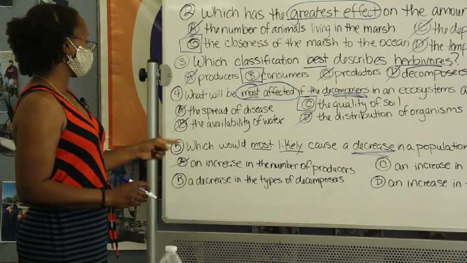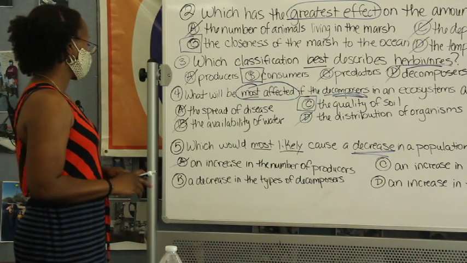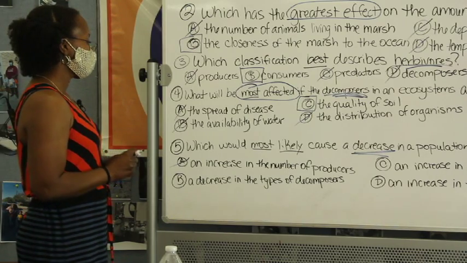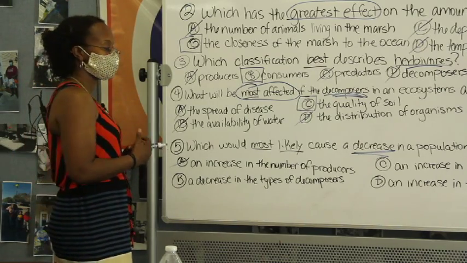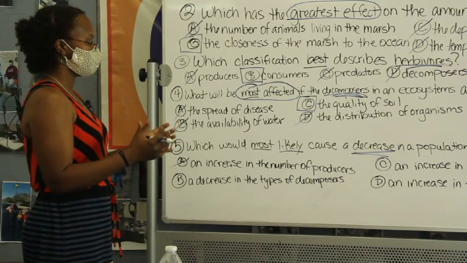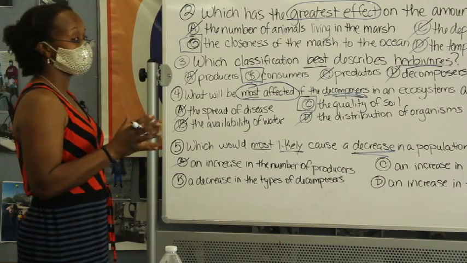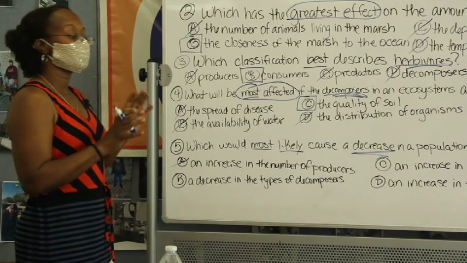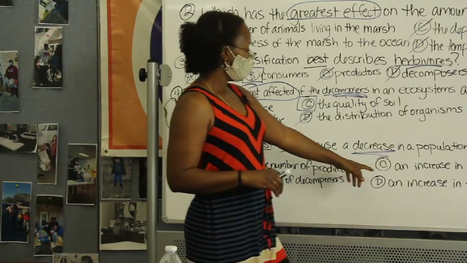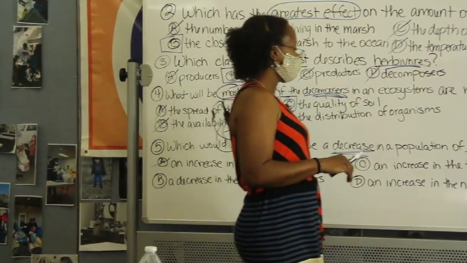A decrease in the type of decomposers. If you decrease the type of decomposers, not sure how that will affect things just because we don't know what decomposers you're talking about exactly. It's kind of ambiguous, meaning it's not very clear. So we're going to just leave that one there. An increase in the type of plants.